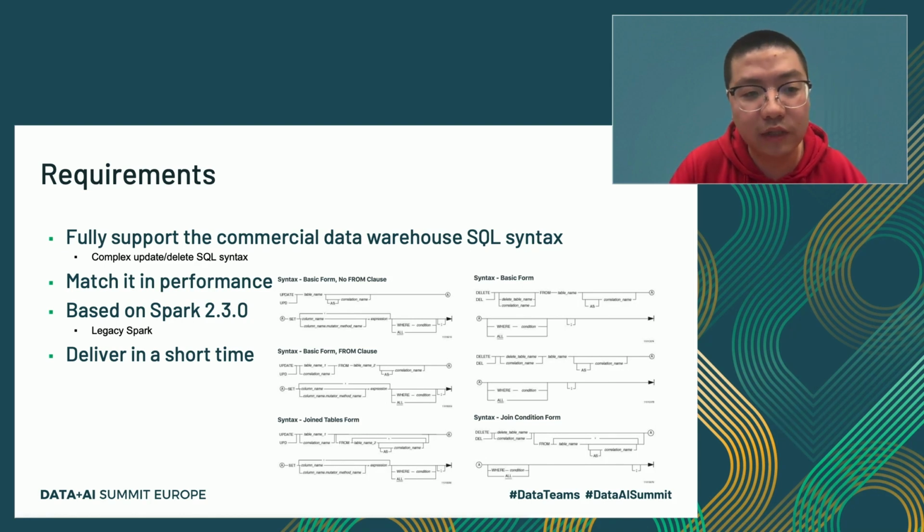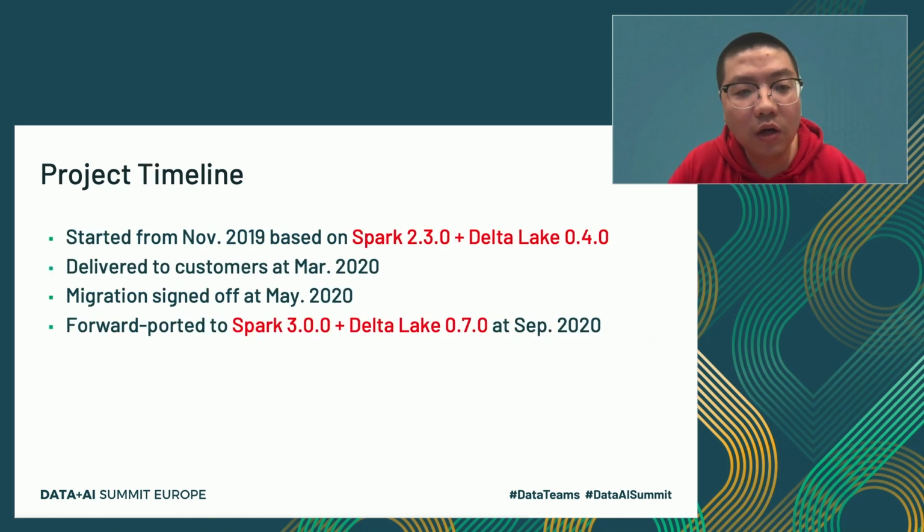Another is we need to deliver these features to customers in a short time because our customers are blocked in migration. Our project started last November based on Spark 2.3 with Delta Lake 0.4.